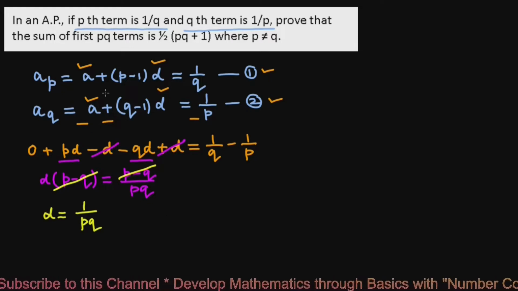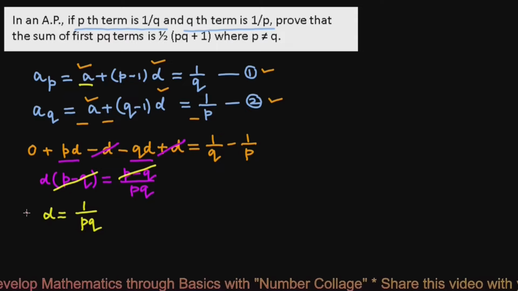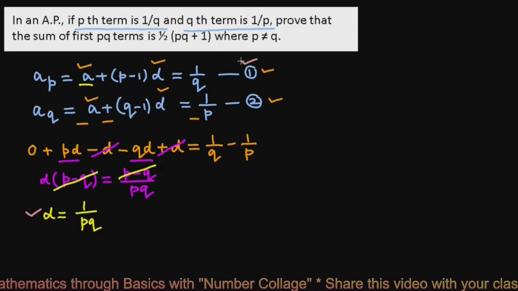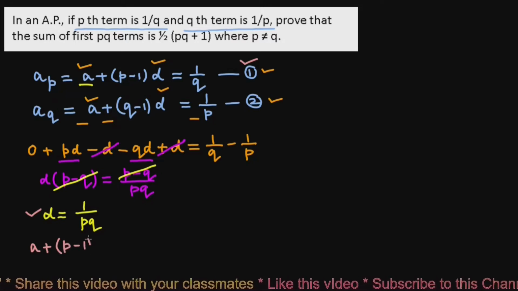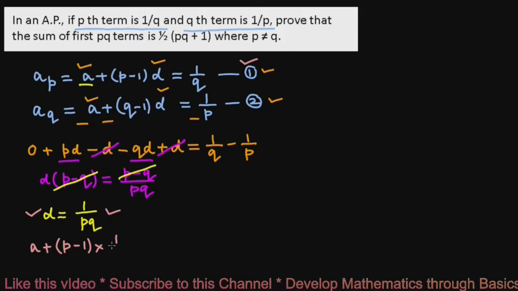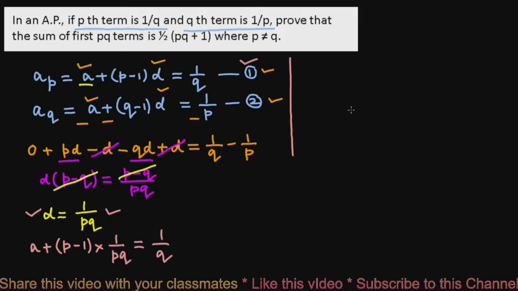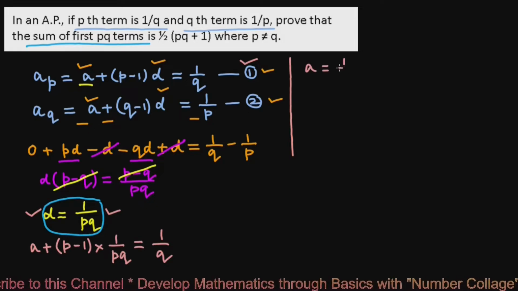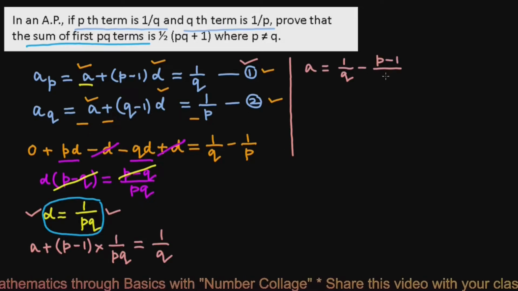Now in order to find the value of A, we will substitute the value of D in equation 1 and write A plus (P minus 1) into D, which is this 1 upon PQ, equals 1 upon Q. So now A becomes 1 upon Q minus (P minus 1) upon PQ.